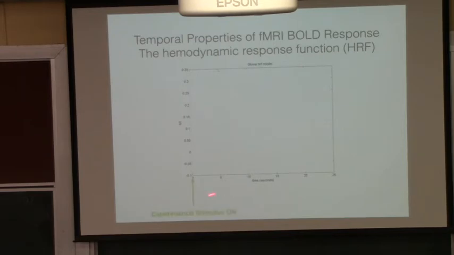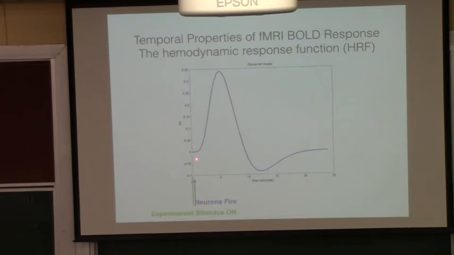So you could think of showing somebody a cue at experiment stimulus onset here, and then neuronal firing is going to happen really quickly after they see that cue within the brain. But the blood flow to that area of the brain is actually quite lagged.